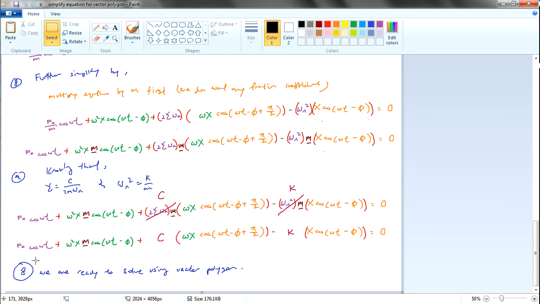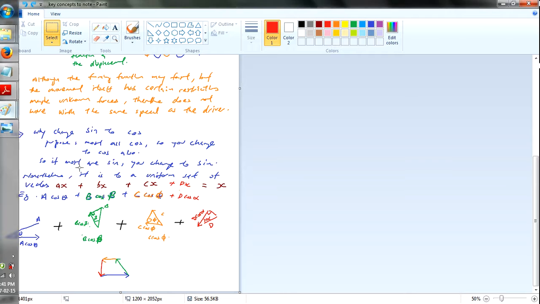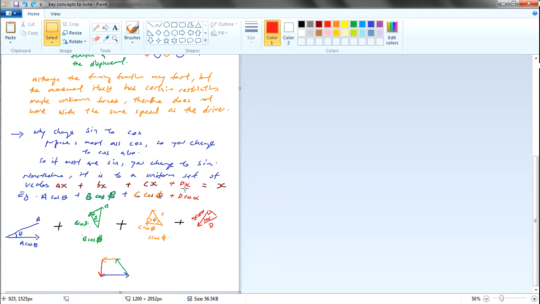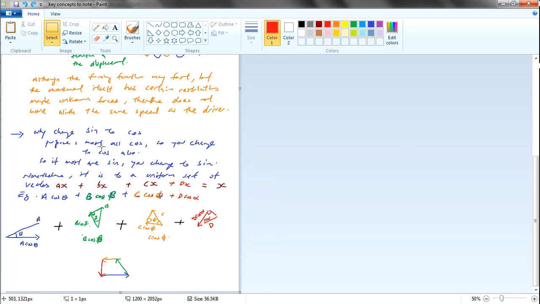As you can see, we're having cosine, cosine, cosine, and this cosine here. It is the same analogy as ax plus bx plus cx plus dx. With this, in the next video we'll do the vector polygon, and eventually we'll solve for the x. So I'll see you in the next video.